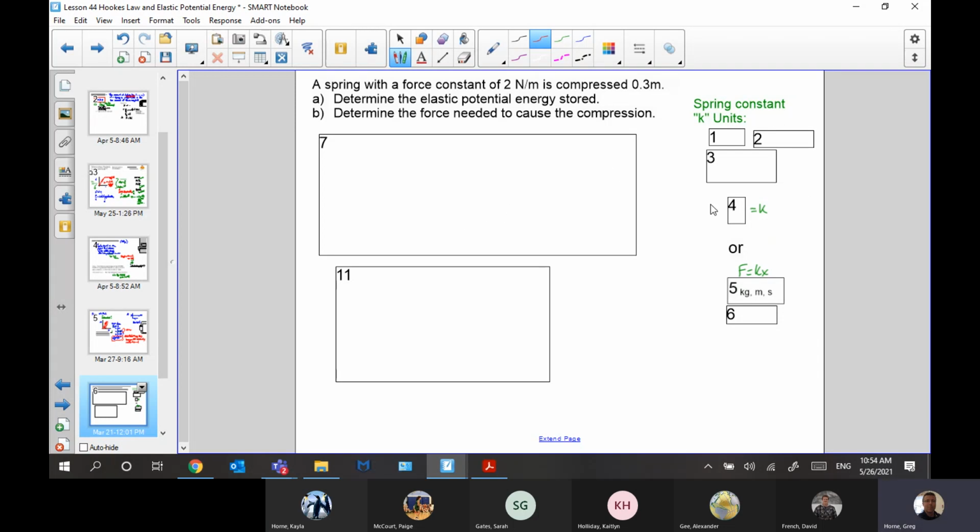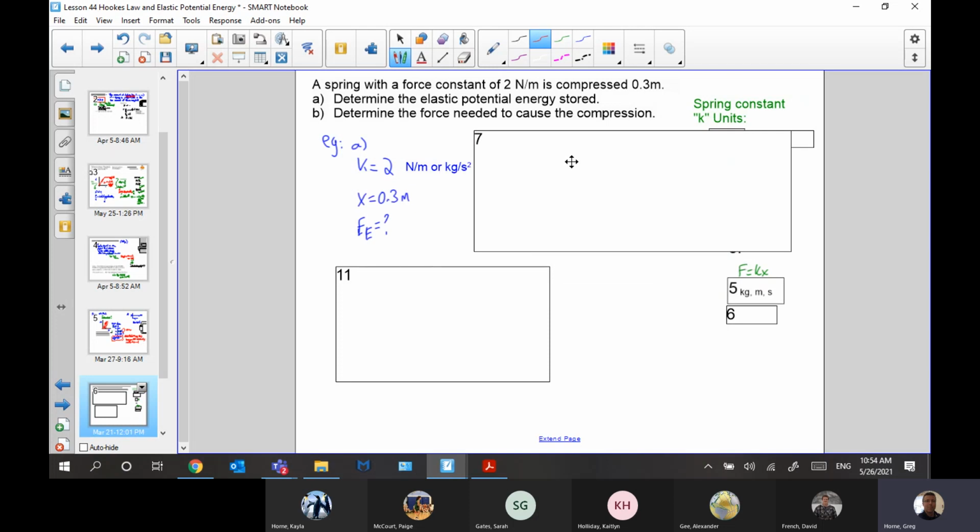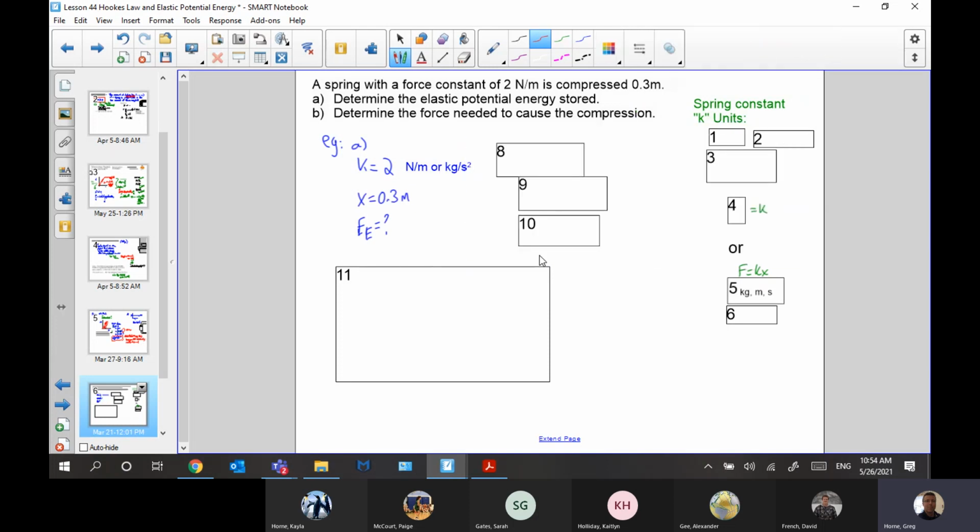So we'll get to the units in the end, but we can look at them as well. We're looking for elastic potential energy stored. We're given the K value, the x, and asked for EE. So you look at your handy dandy equation sheet and remember, oh yeah, I understand this formula to do with elastic potential energy that's stored.